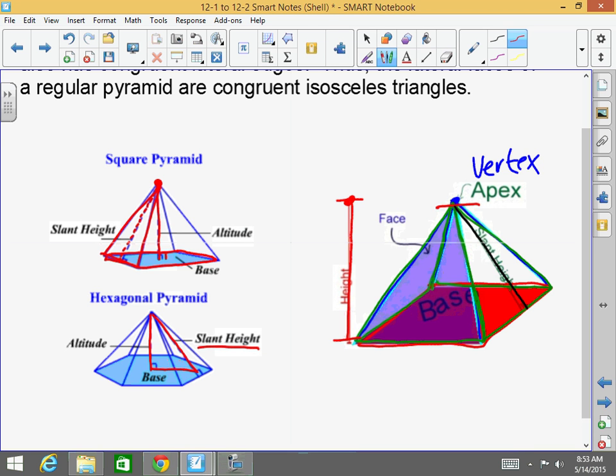So altitude and slant height are completely different. Altitude is the height from vertex to base. Slant height is the height of the triangles that make up the lateral faces. You with me here?